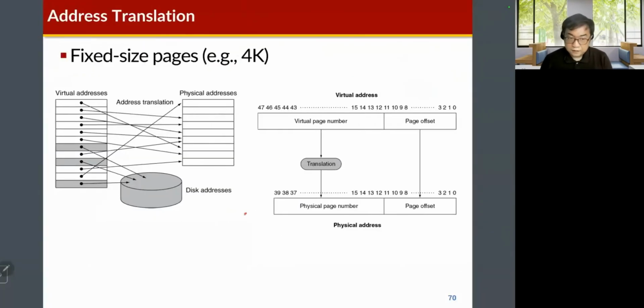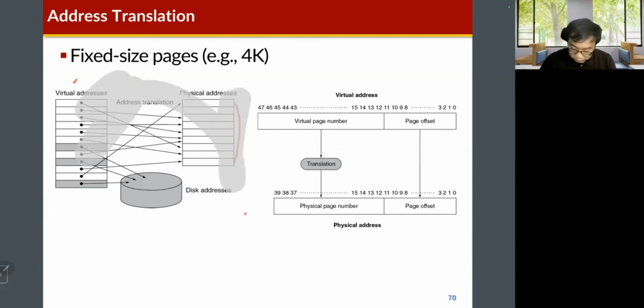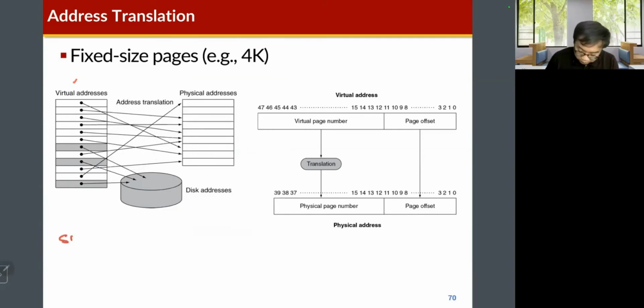Like this. So this is the virtual address. Which means that to the software, the computer hardware or operating system provides a fake large memory space. So even though the real physical memory size is smaller than this virtual memory space, the software just sees the very large virtual memory space.